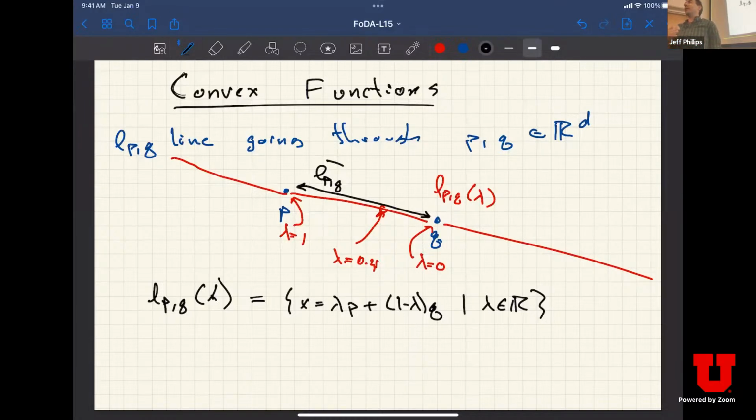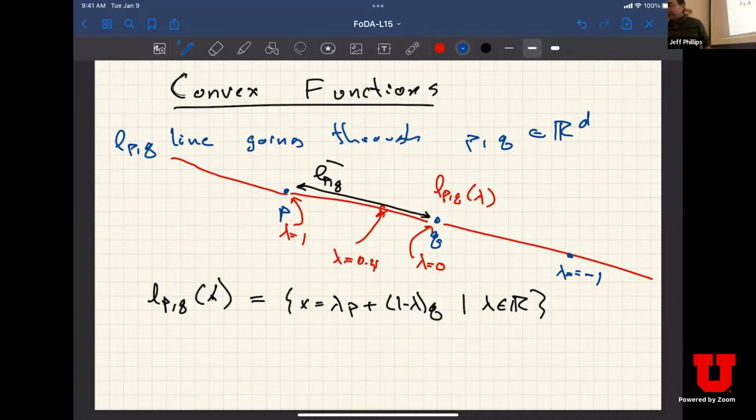Let's say lambda is -1. Going from 1 to 0 to -1, that's going to give me negative P plus 1 minus -1, which is 2Q.